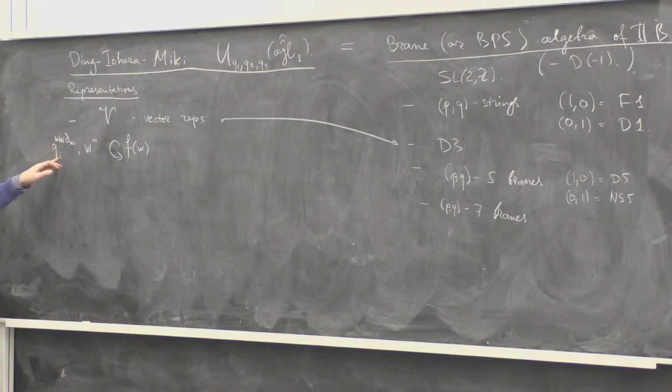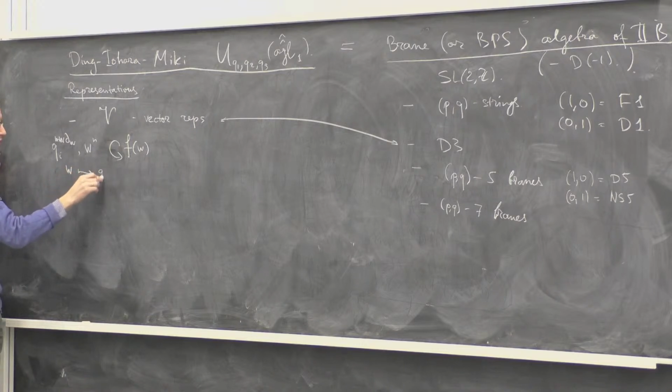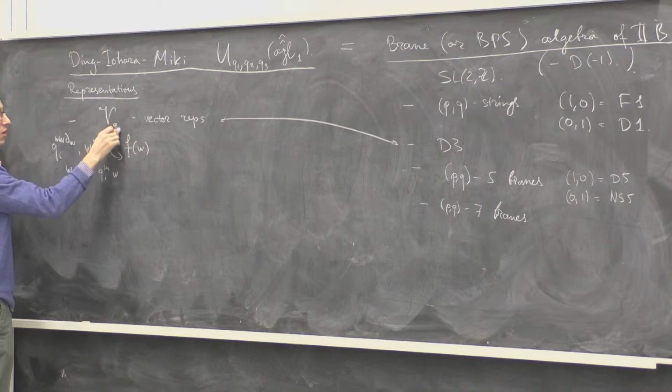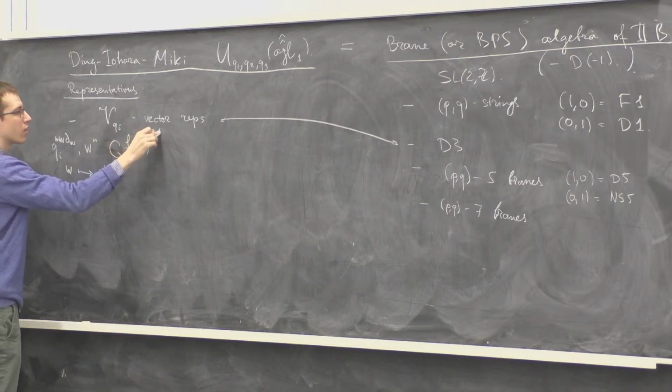And so this Qi, what does this operator do? It shifts W into Qi power m W, and i goes from 1 to 3. So there are these three parameters in the algebra, and for each Qi there is a different representation. There are three representations, i from 1 to 3.